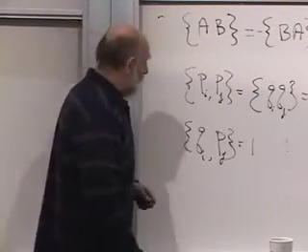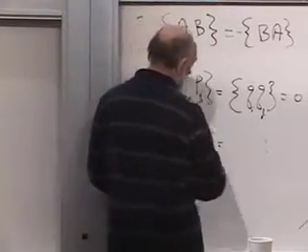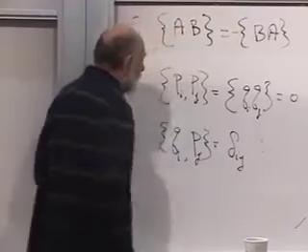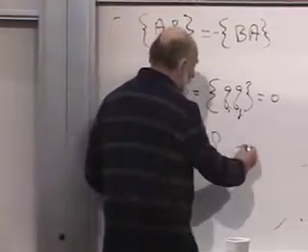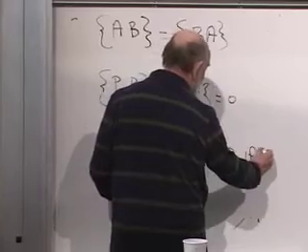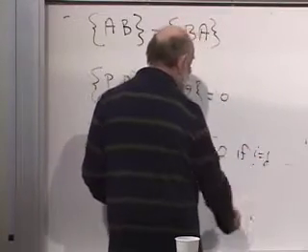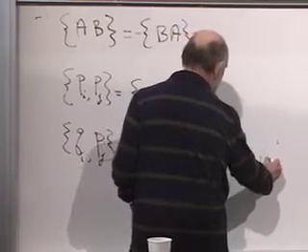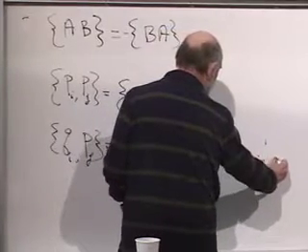The symbol for that is the Kronecker delta symbol, delta ij. Delta ij is by definition 0 if i is not equal to j, and 1 if i equals j.